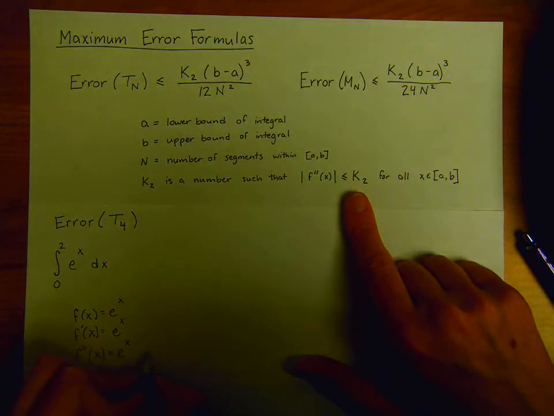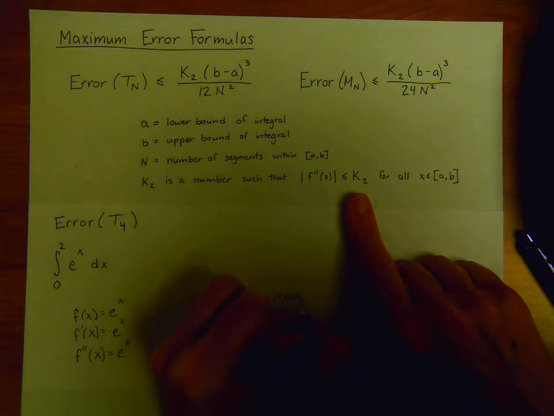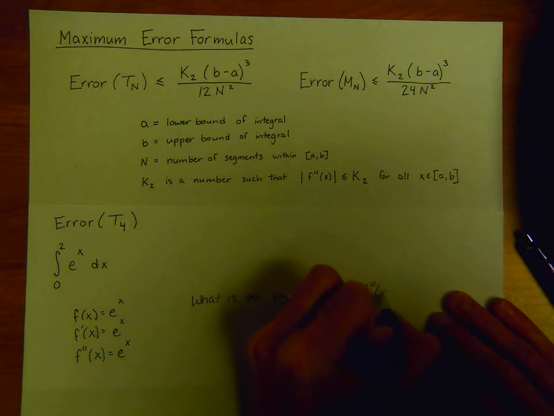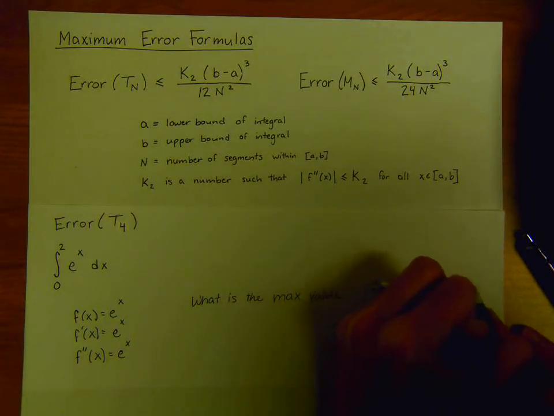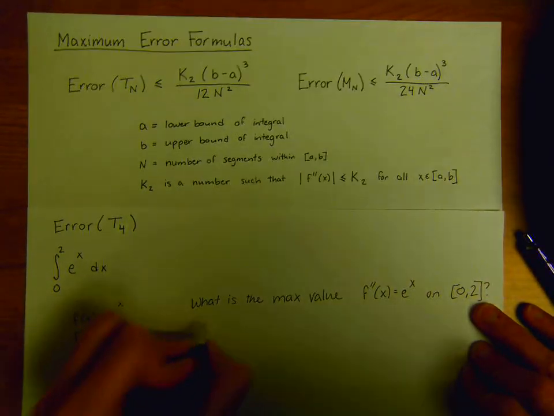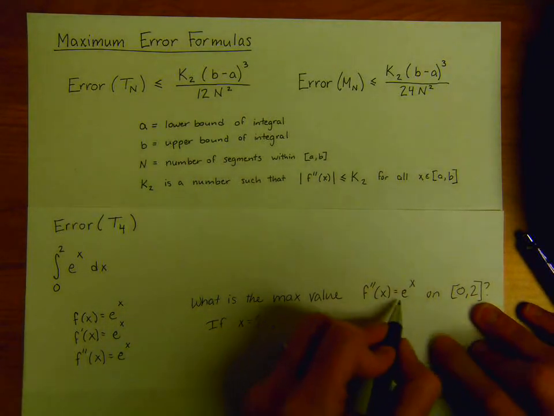We can look back and see, what is the maximum value of this second derivative on the interval from 0 to 2? We see that if x equals 2, we get the biggest value.